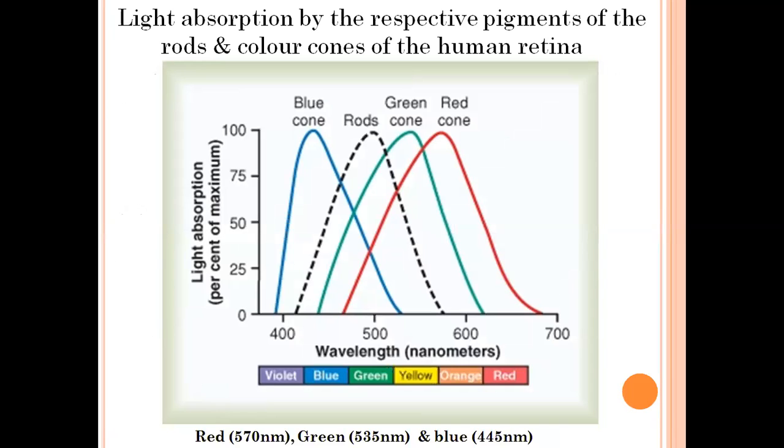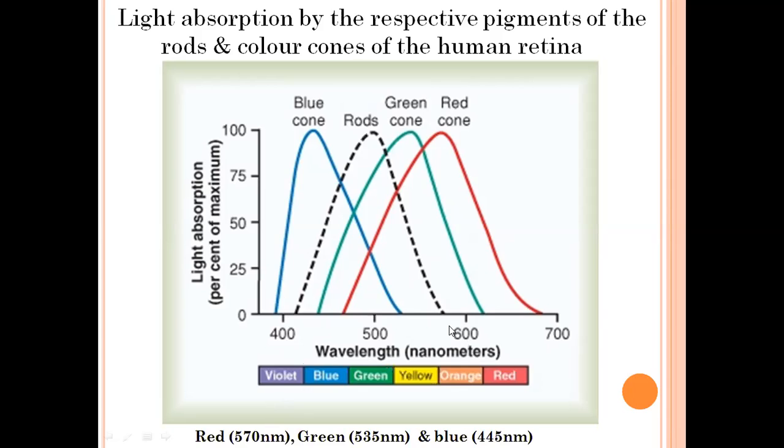So in the human eye, light absorption takes place in the range of 400 to 700 nanometer wavelength. For example, red color has a wavelength of 570 nanometer, green color has a wavelength of 535, and blue color has a wavelength of 445 nanometer.